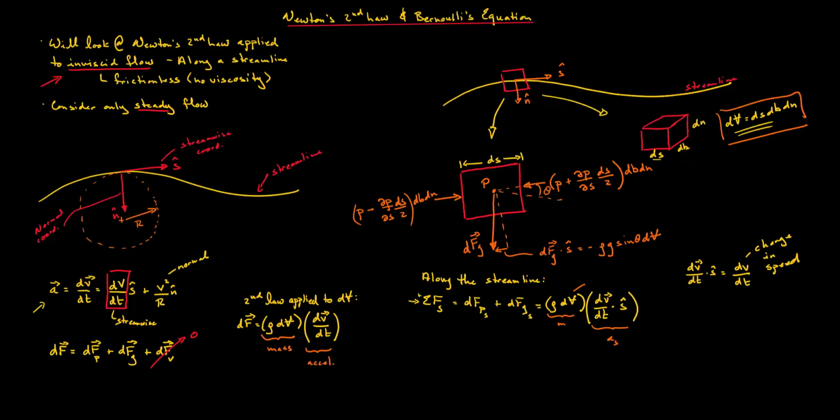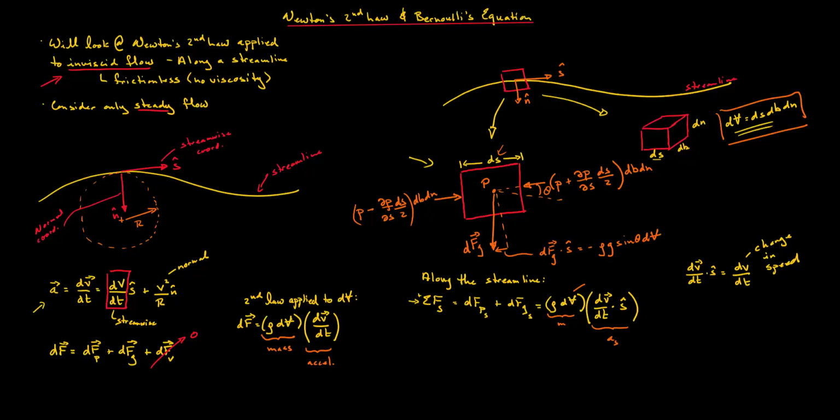All right, so let's look at a free body diagram of our differential volume. Our fluid element has a length ds along the streamline, and we're showing the pressure on the faces that are normal, or perpendicular, to the streamline. The pressures are always compressive.